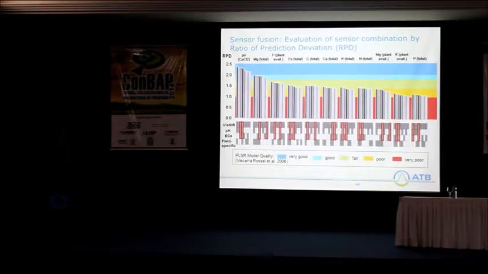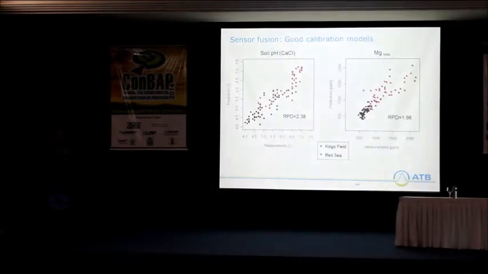Surprisingly, we got good results for plant available phosphorus and also very good results for total magnesium. But in general, you see the results are only moderate. And the particular point is we always need to do this field-specific calibration.